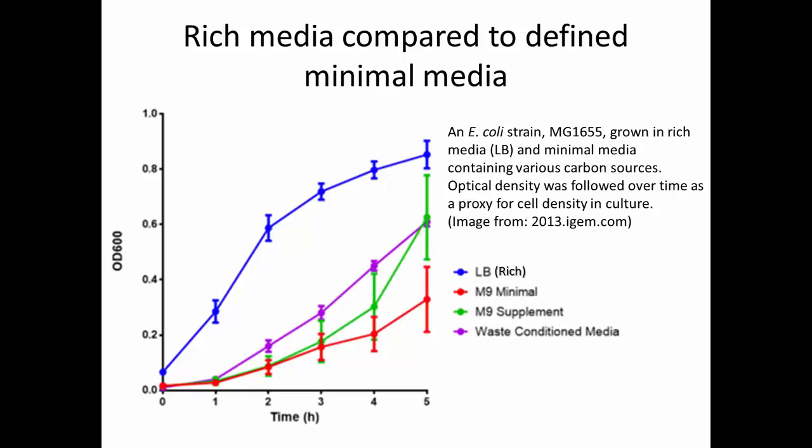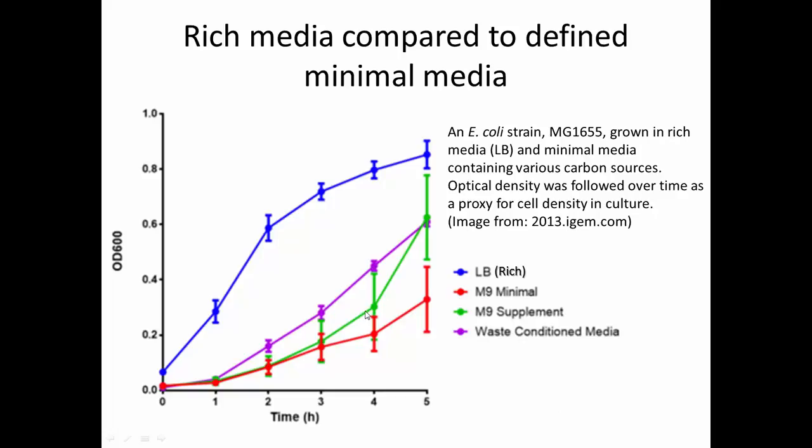And you can imagine there are some differences between microbial growth in rich media versus minimal media. If microbes are in rich media, well, they have everything they need. They can just pick it up from the outside. So they can grow a little bit faster, as can be seen with this E. coli culture that's growing in this rich media, this blue line here.